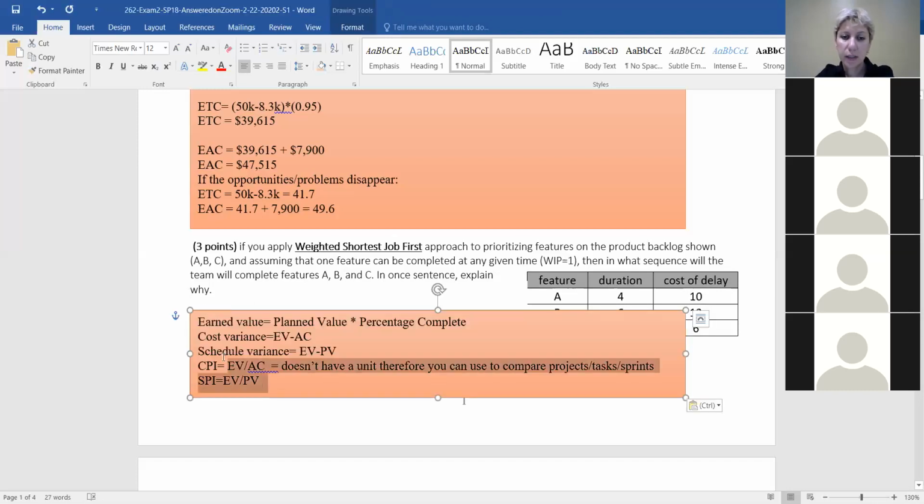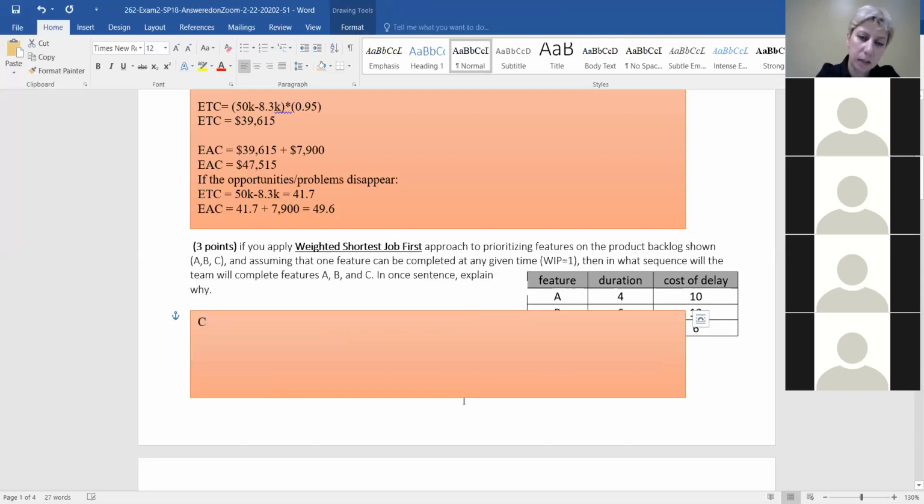So you're just going to calculate weights and give us an ideal sequence for completing activities to minimize cost of delay.